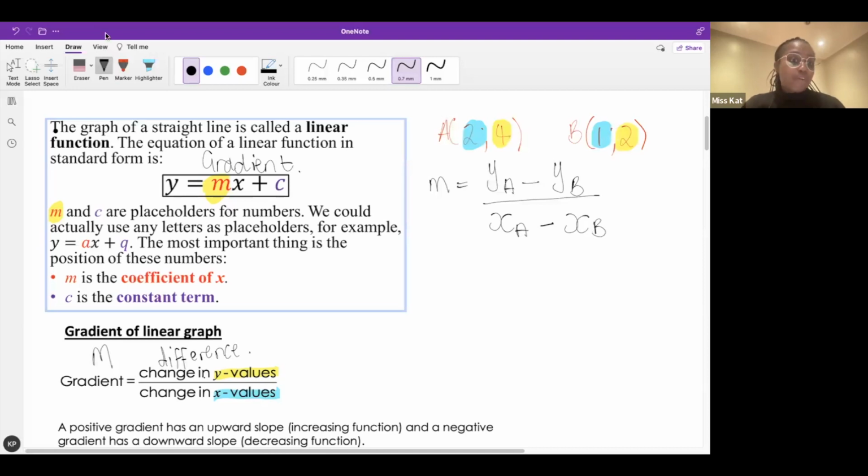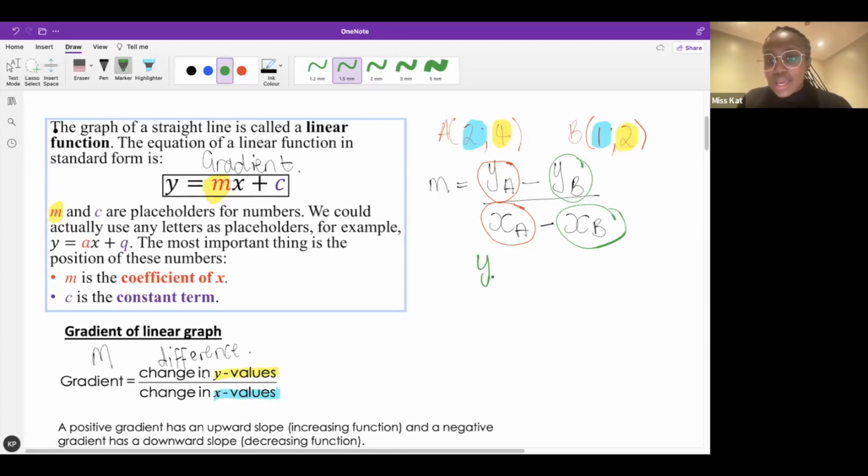Okay, now a few things to take into consideration here. First thing is, these points have to be in the same order. So what I mean is, it doesn't matter if you start with the y of B or the y of A, but if you're going to start with the y of A, then you also have to start with the x of A. So they have to be in order. And then it will be the y of B and the x of B. You cannot swap them around.